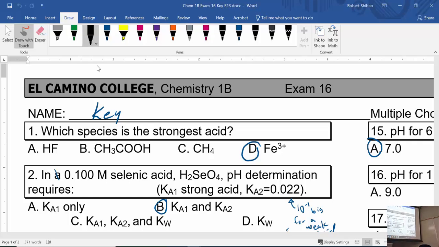This chart's the same as the one that I handed out. You'll have the chart also on the test. But if you look, iron 3 plus is the strongest, and then HF, and then acetic acid. And what else was there? Methane. Methane's the weakest. Methane's on our chart as the weakest. So just consult the chart.